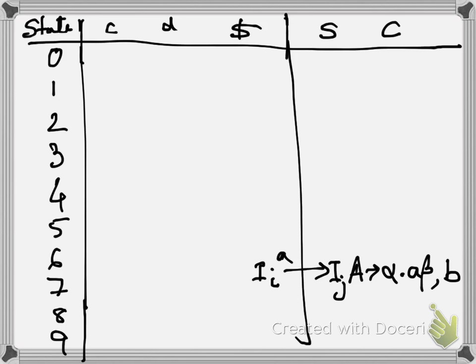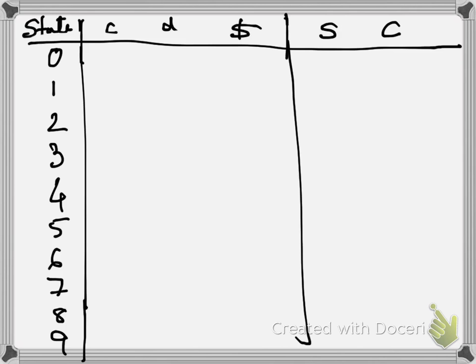In that case, I will have shift on A. I would have shift to J. Shift J, that would be my action. So this is exactly same as how we had done for our SLR parsing table construction.